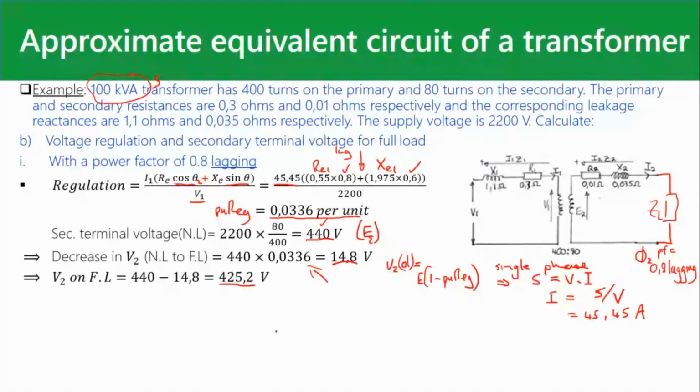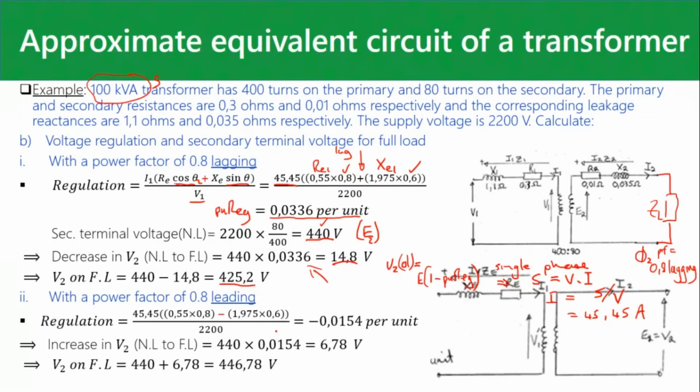If you have a leading power factor, it does things a little bit differently. All those numbers are exactly the same. The only thing that changes is the sign, and you will always get a negative number there. Why?